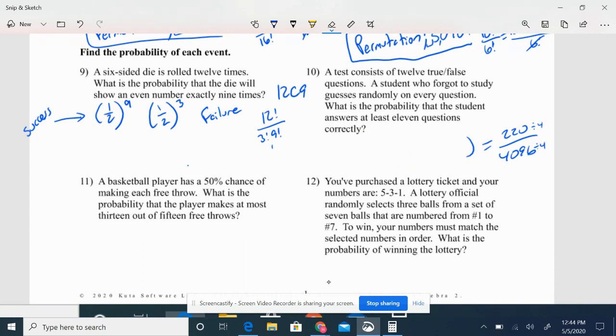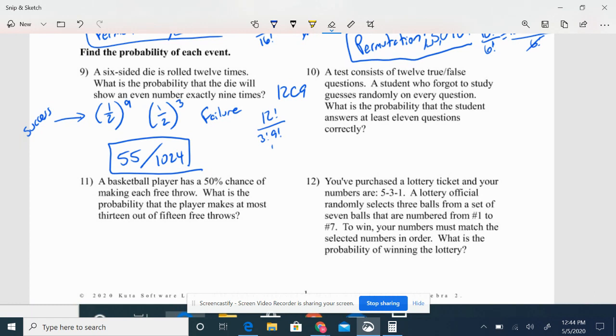So I have that my answer will be 55 over 1024. Leave it as a fraction, simplified.